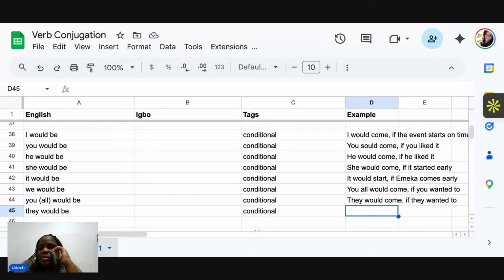Hello? Hey. Yeah, so I'm trying to conjugate a conditional. Like, I would come if the event started on time. You would come if you liked it, you know? So how would I say that?